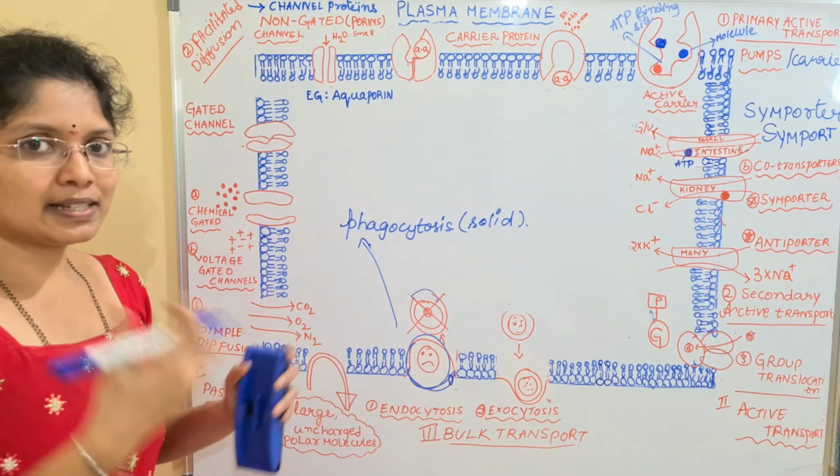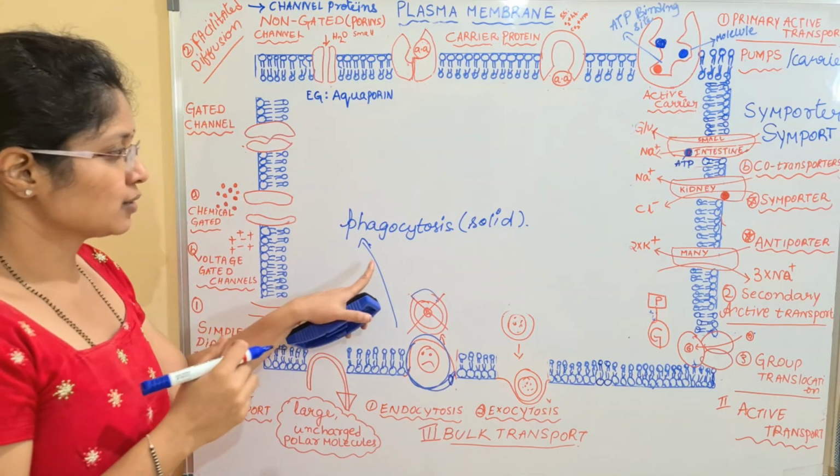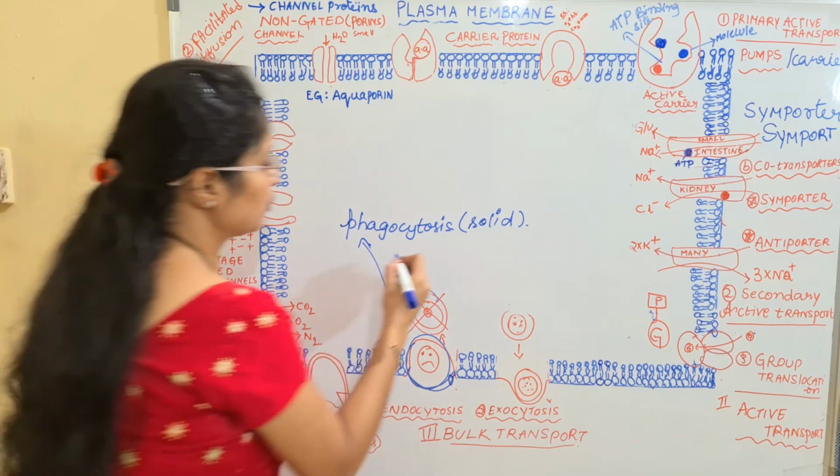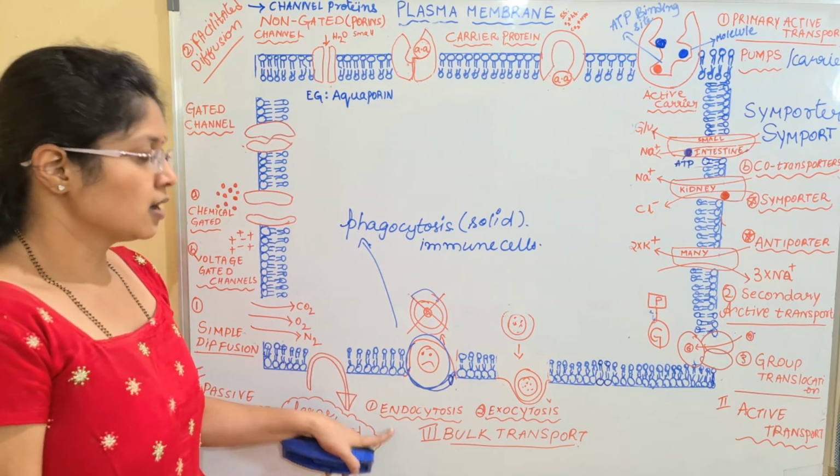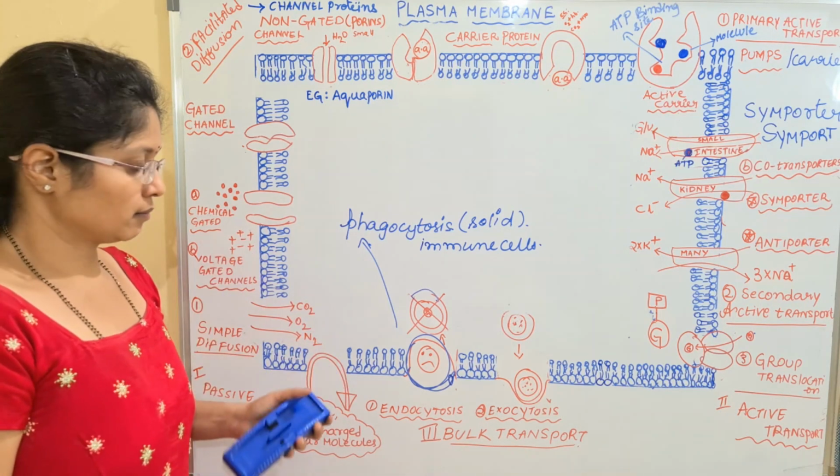Phagocytosis is generally associated with the immune cells. Okay, phagocytosis is a kind of endocytosis where the substrate is a solid substance.